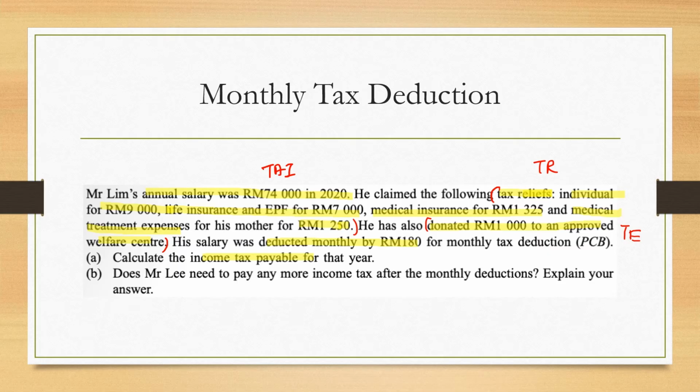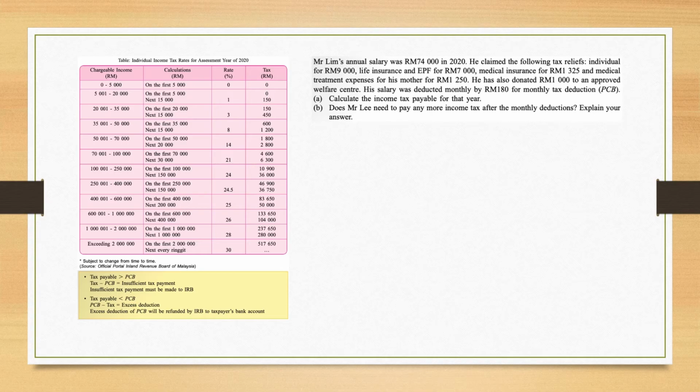Now, let's look at how to calculate this. Okay, so it's a very similar way. For a monthly tax deduction question, you usually just do the same thing first. You first calculate your income tax payable as mentioned previously, and then you need to find your monthly tax deduction amount.